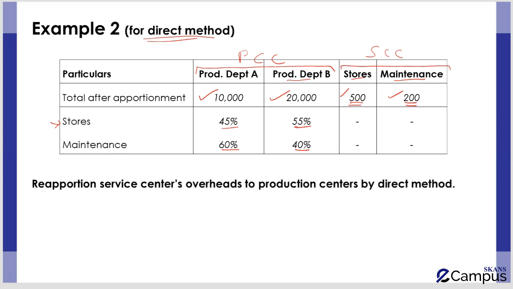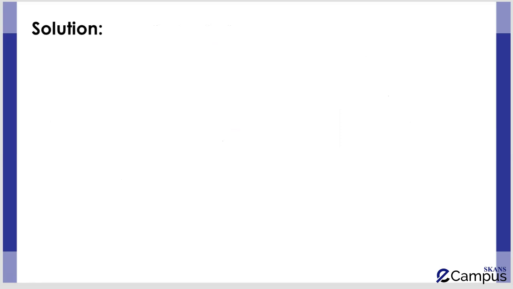So neither does stores give service to maintenance, nor does maintenance give service to stores. Both service centers give service only to production departments A and B. So when we reapportion them, their costs will only be reapportioned to production departments. Now let's solve them.